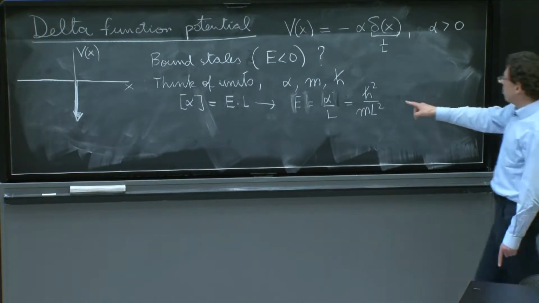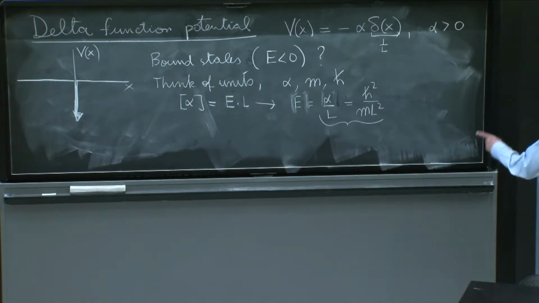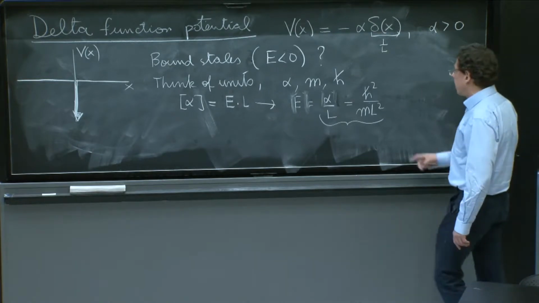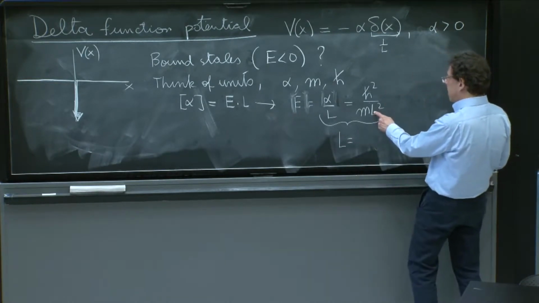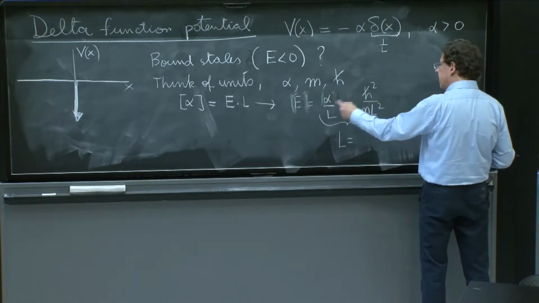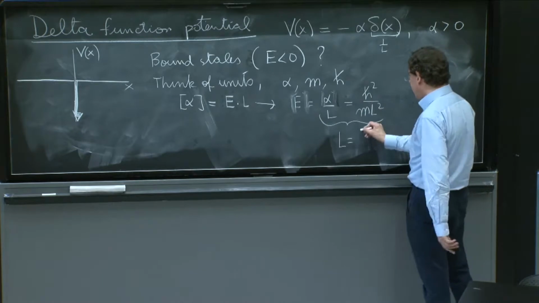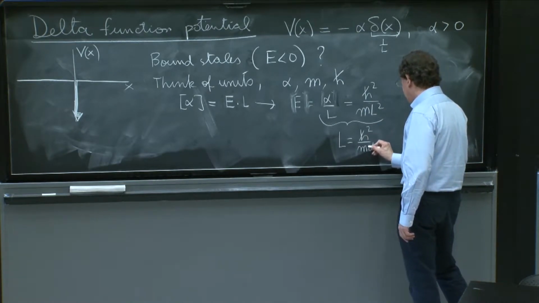From these two, you can get what has units of length. You pass the L to this side, the L squared to the left-hand side, divide, so you get L is h bar squared over m alpha.